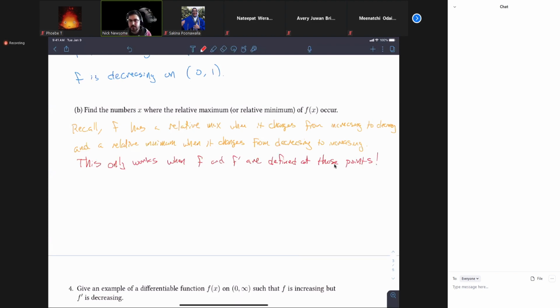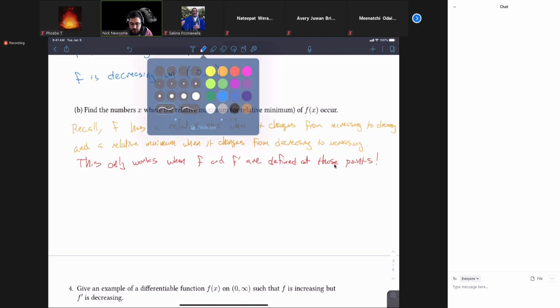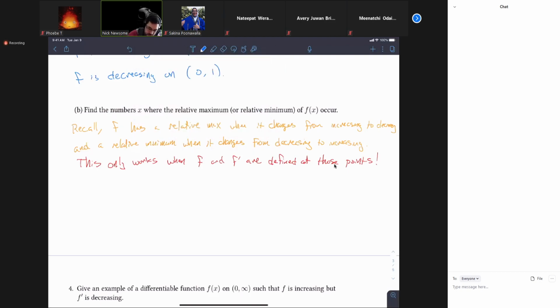All right. That's going to become very important for this particular problem. Okay, so I'm going to redraw the sign chart. We had 0, 1. We were increasing here, decreasing here, increasing here.